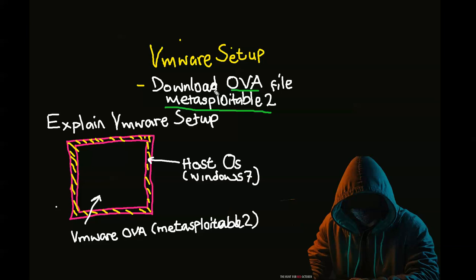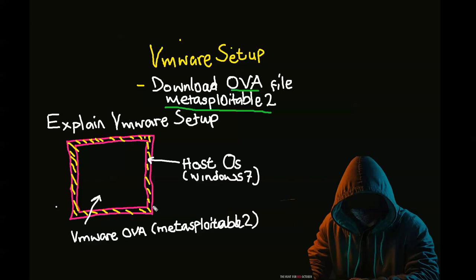Metasploitable2 is set up in a way that inside they have installed old applications, which makes this OVA exploitable. So we are going to be exploiting some of the services which are already corrupt in the Metasploitable tool. So how does VMware work?